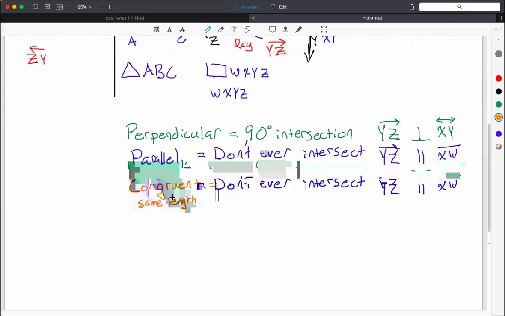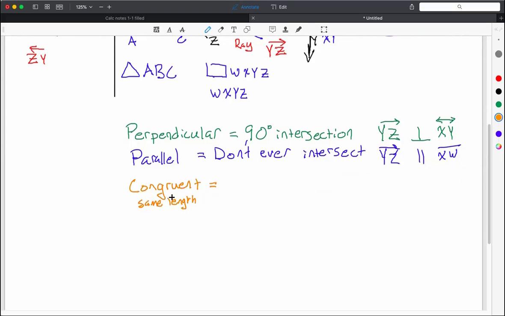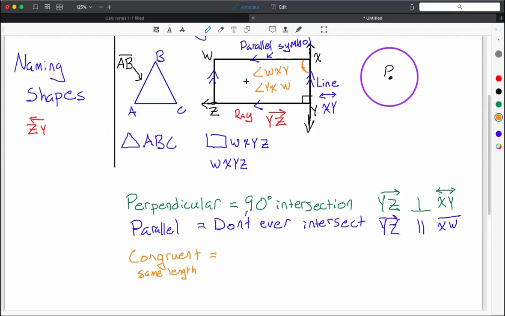But if I'm talking about triangles or something, it means a lot more than same length. It means same angles and same lengths. But just for line segments in one dimension, same length is the equivalent of saying congruent. And that also has some sort of symbolic representation and a way that we annotate our diagram.